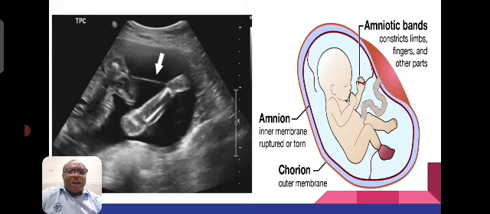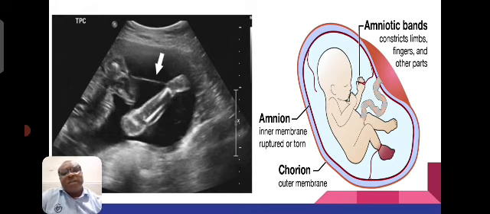Now, amniotic bands. This slide shows a schematic diagram of amniotic bands. As I said earlier, they arise from the amnion. They are thin membranes and can tie to the fetal arms and legs and even abdomen. So it's very risky as they can amputate the child and they can cause various damage and are usually associated with other fetal abnormalities.